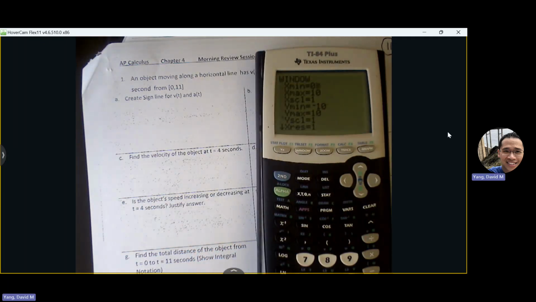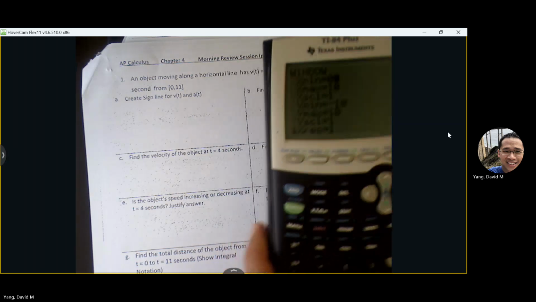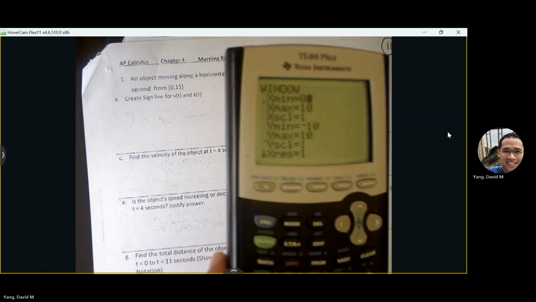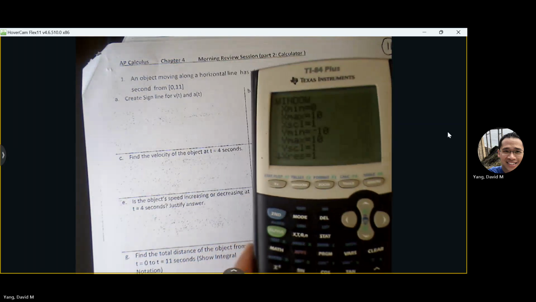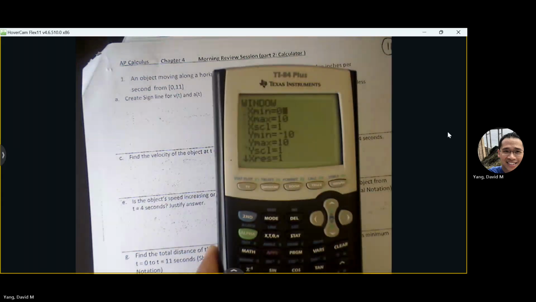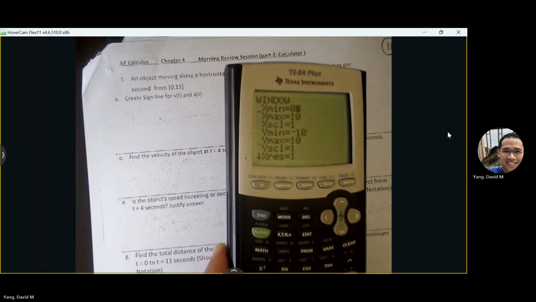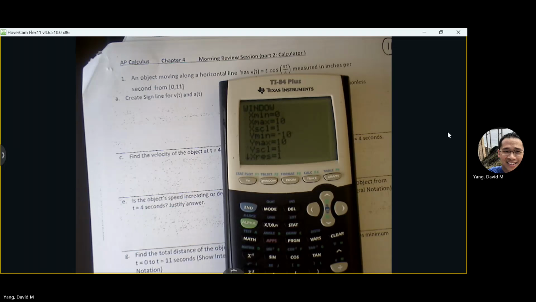Let me see if this will be better if I change the screen. So Xmin 0, Xmax 10, Ymin negative 10, Ymax 10.